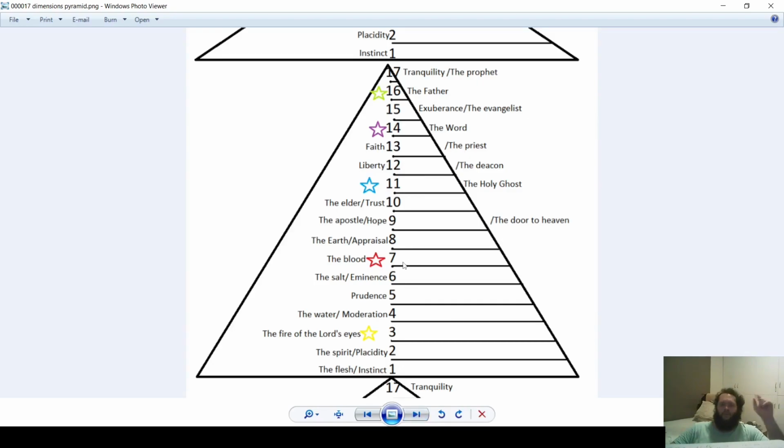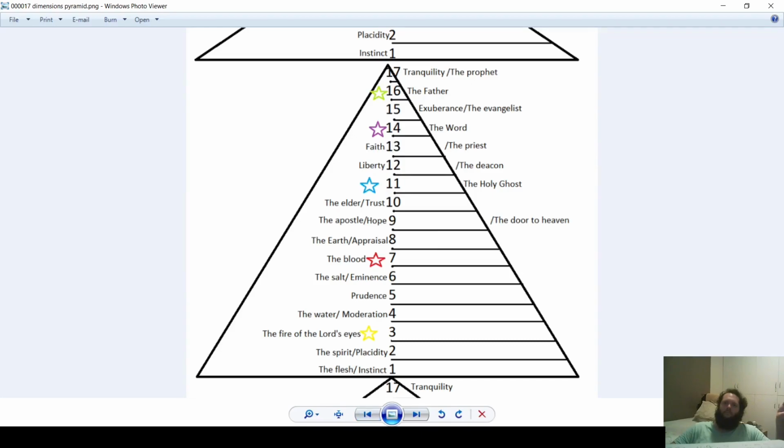I'll just say as well that this is not important for the structure of the theory, but my naming convention for metatypes is the unconscious dominant function. So everyone is named after their unconscious dominant function. I'm a metatype 13. That means my unconscious dominant function is the 13th dimension over here.